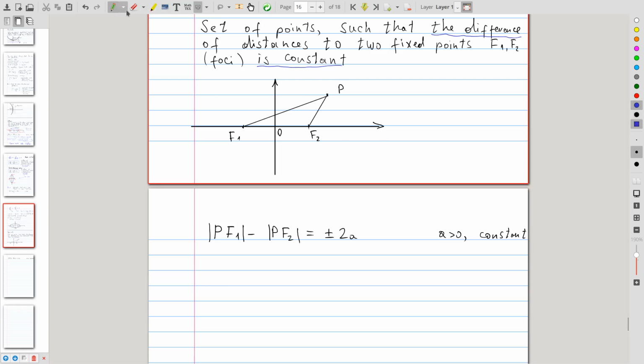So we can sketch a hyperbola by first drawing its asymptotes. We'll discuss a bit later what exactly the meaning of the asymptotes is.